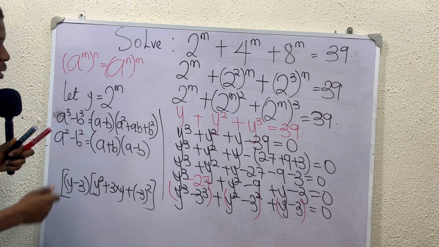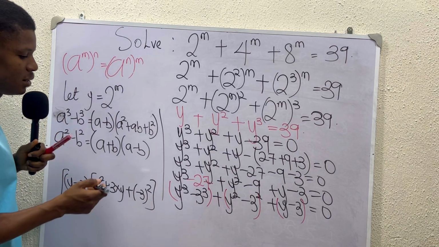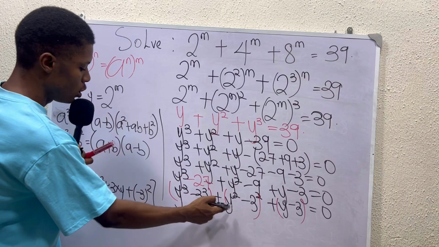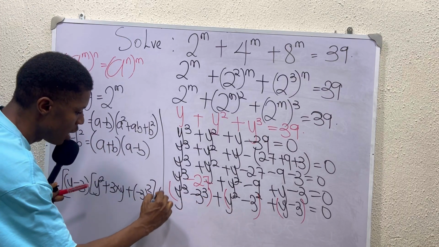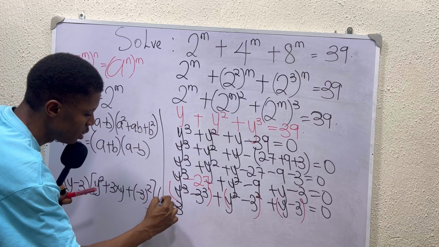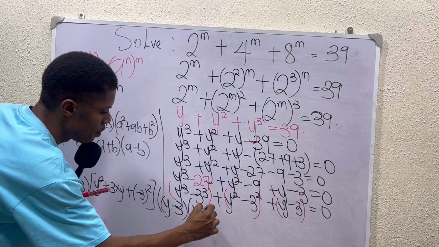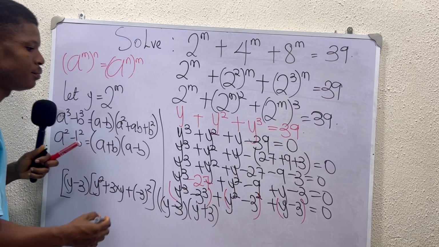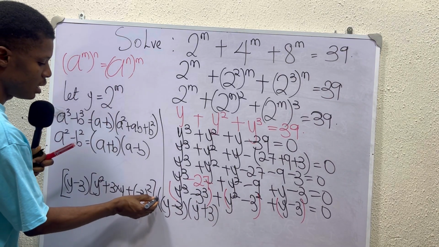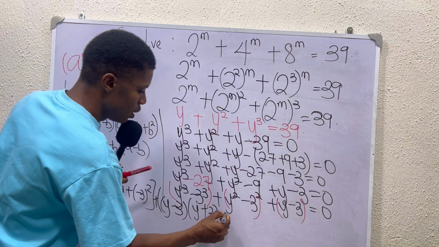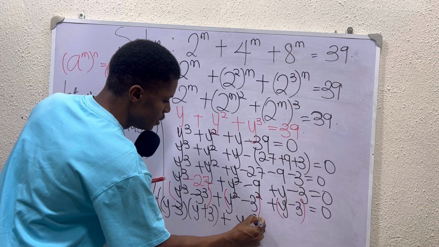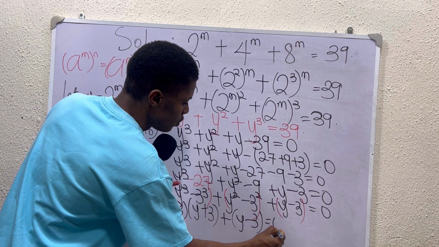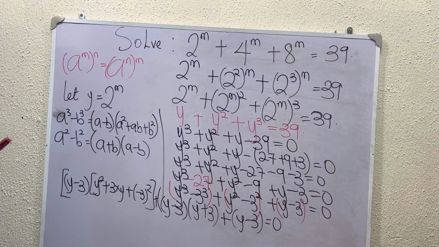Then we go to the difference of two squares. We have it to be y minus 3 into y plus 3. That's a positive sign here though. Then plus y minus 3, all equals 0.